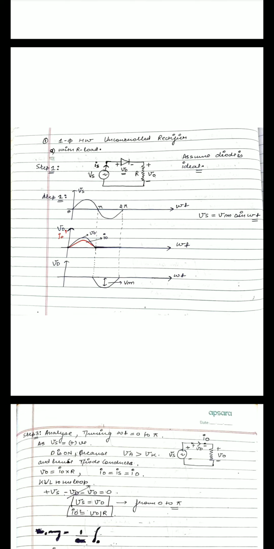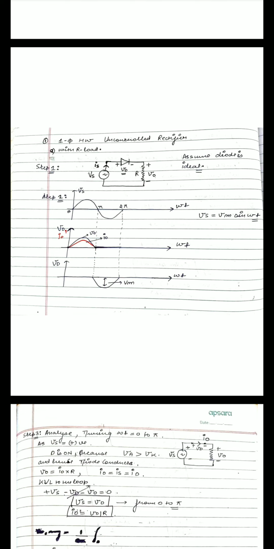From 0 to pi, we can see from the waveform that Vs is positive. If Vs is positive, this means positive terminal of the supply voltage is connected to the anode and negative terminal is connected to the cathode. Or we can say directly that if anode is more positive than cathode, that's it, diode will conduct.